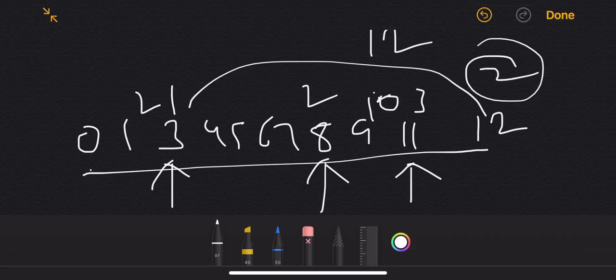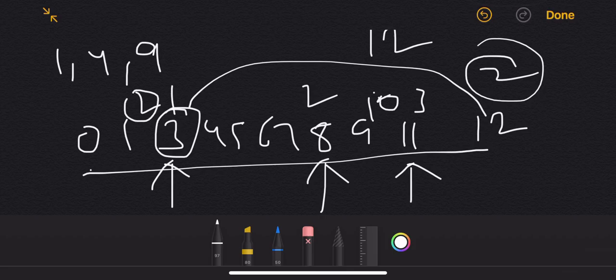and we can just say 2 is the answer. But the problem is we have to find the minimum number of hops for 3 as well now. So it is again the same thing, 3 minus 1 is 2. Our list is 1, 4, 9 because these are the perfect squares. So 3 minus 1 is 2, so we'll see the minimum number of hops for 2, or 3 minus 4 is minus 1, which does not exist, so we can see only for 2.